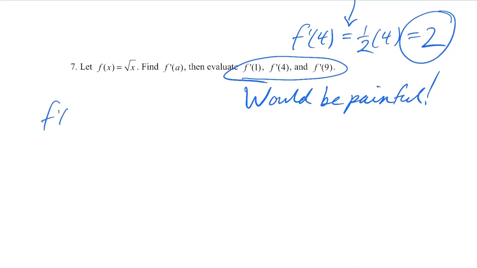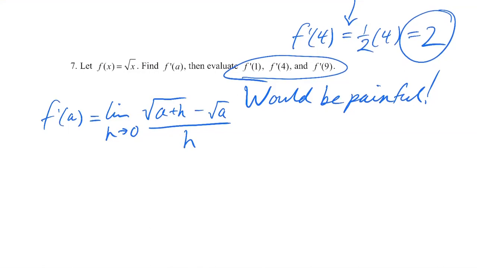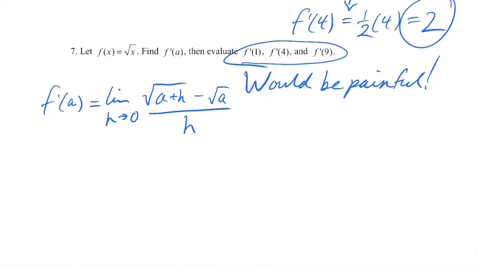So f prime of a, this looks like the limit as h goes to 0 of square root of a plus h minus the square root of a over h. Okay, so as with most situations with radicals, let's try hitting this one with a conjugate and see if that helps our lot in life.